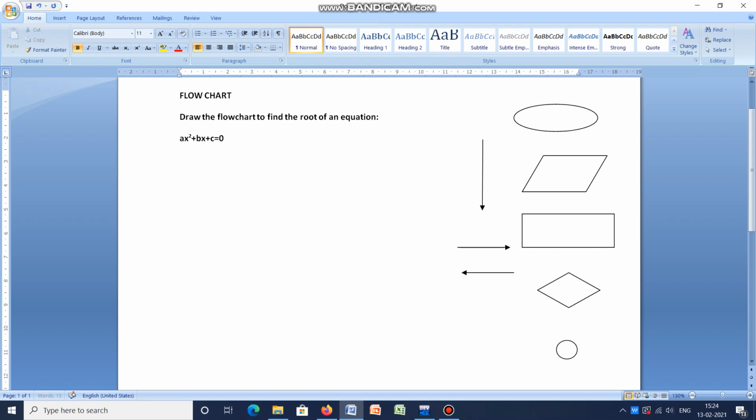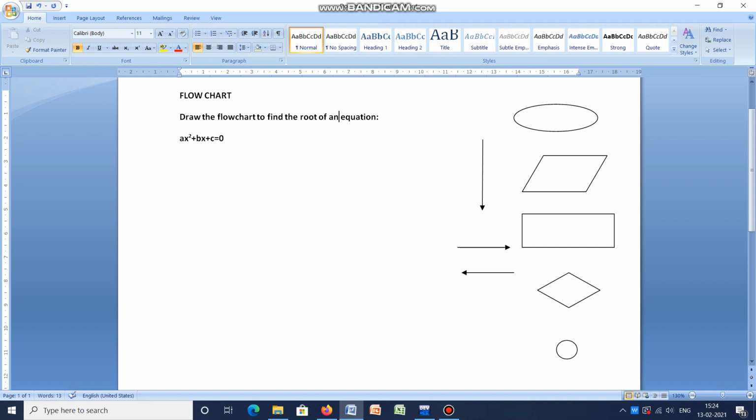This is the general form equation we have solved, and on the right hand side you can see my drawing tools for making a flowchart. A very limited number of drawing tools, and at the very beginning of our class I discussed them.